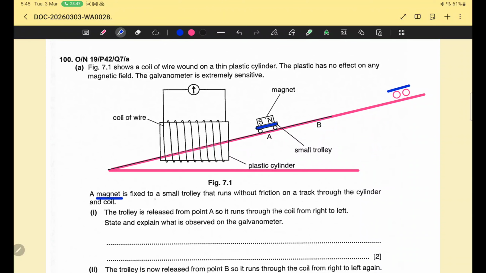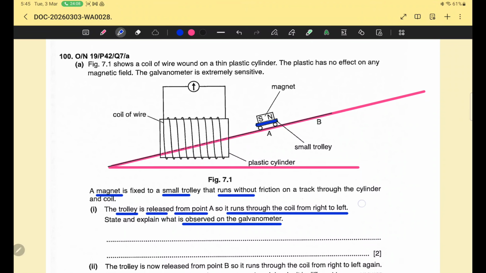The magnet is fixed on a small trolley that runs without friction on the track. Now the trolley is released from point A. Ignore my example. Now it is released from point A, and now it is running through the coil from right to left. And the question is, what is observed on the galvanometer?